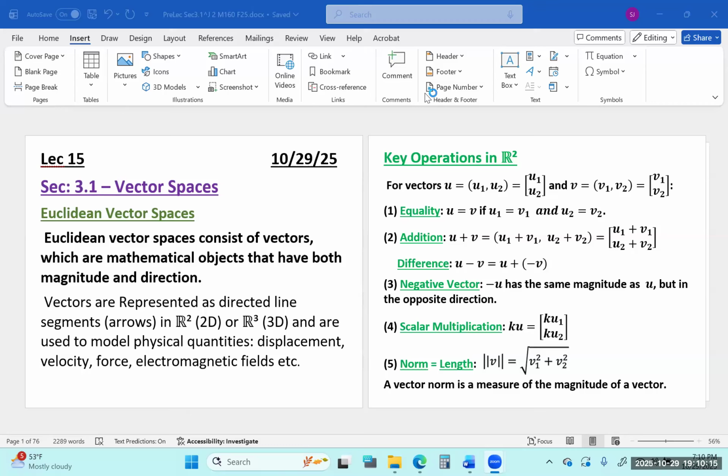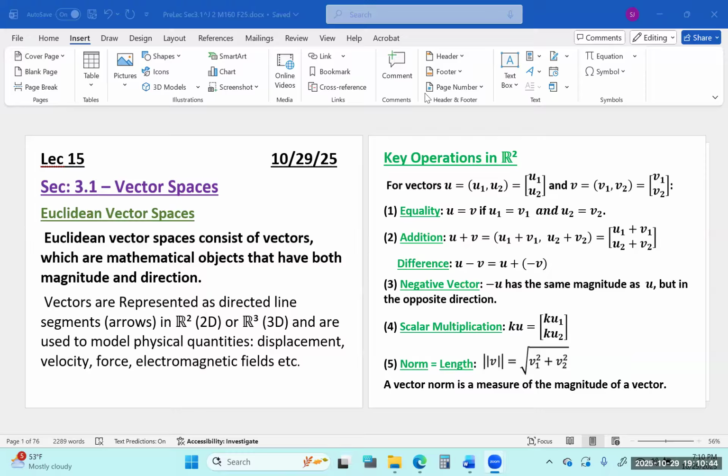Okay, so in our last video, we learned what a vector space is. And today we're going to revisit it with more information. But before we watch the video, let me give you some background information. Vector spaces consist of vectors. And what is a vector? Vectors are mathematical objects that have magnitude and direction.